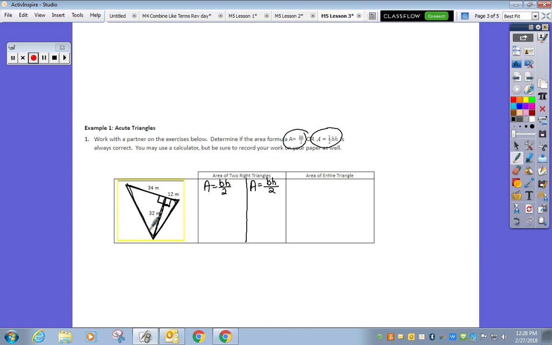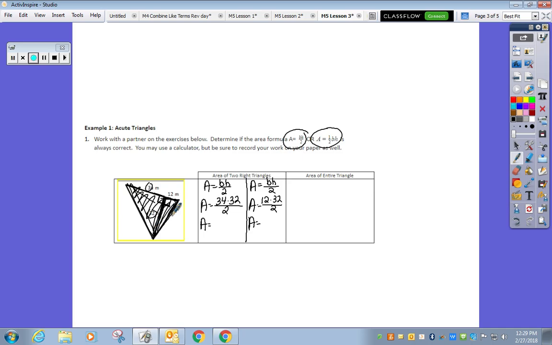So in one of our triangles, we have a base of 34 and a height of 32. And in the other right triangle, we have a base of 12 and a height of 32. Okay, so we're going to find the area of both of these triangles and then add them together to get the total triangle.